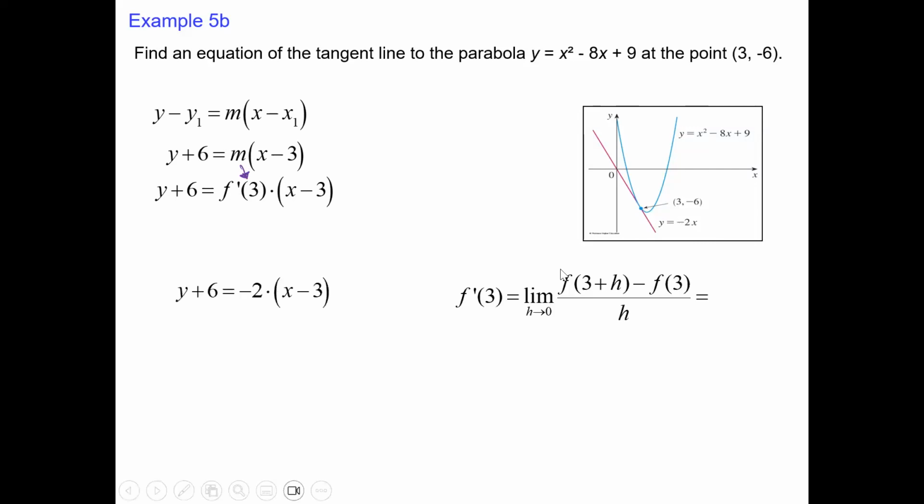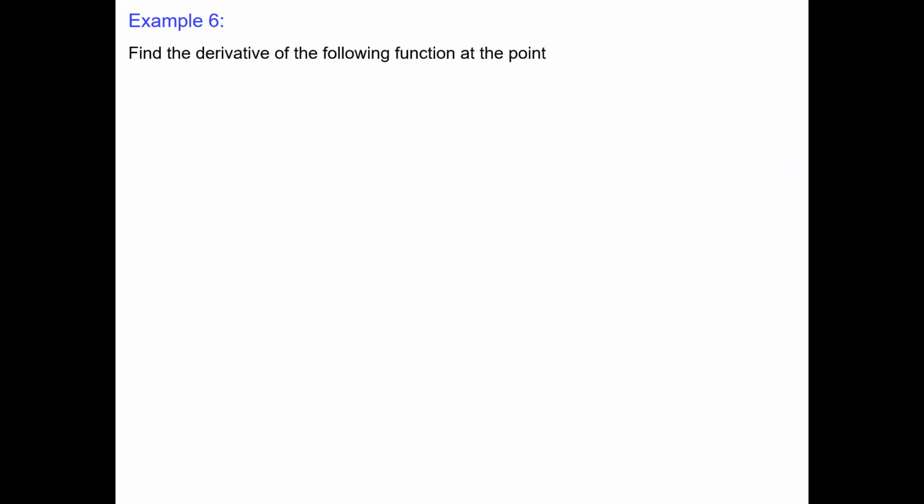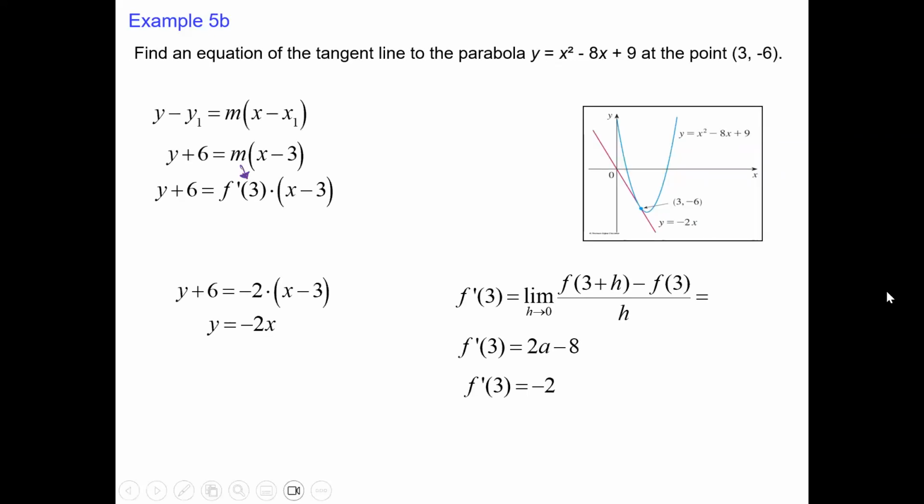And that derivative, this is the derivative. My point was to copy from the previous page, and you also work it out. 2a minus 8, and now I can say that the point a is 3.